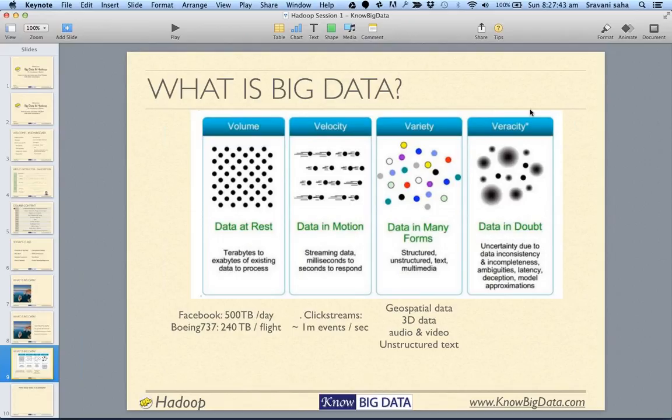Now there could be a scenario where you know nothing about the data you are handling. For example, an Apache log, or a binary file, or some other format.